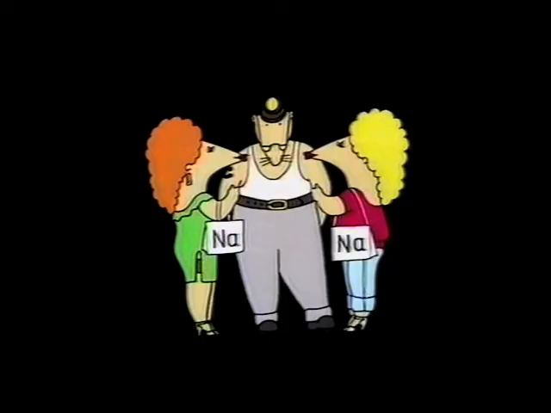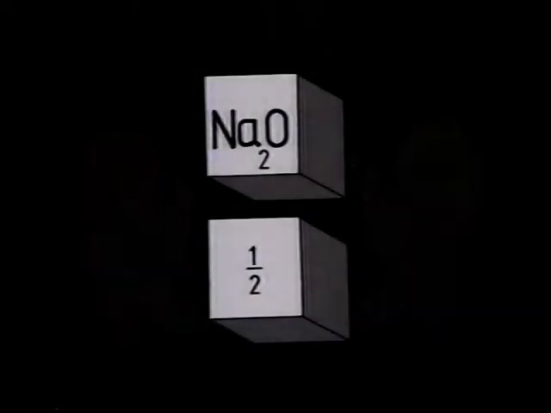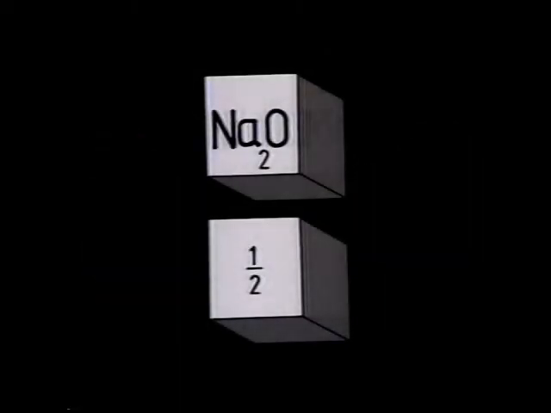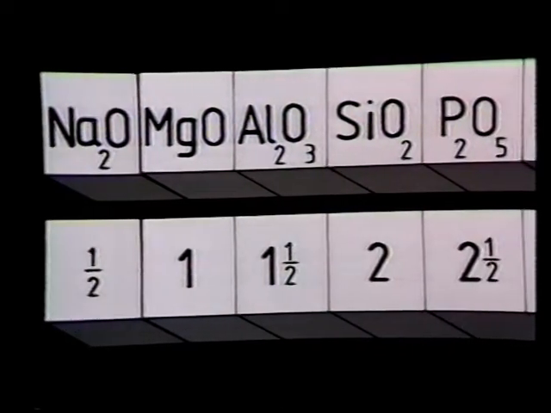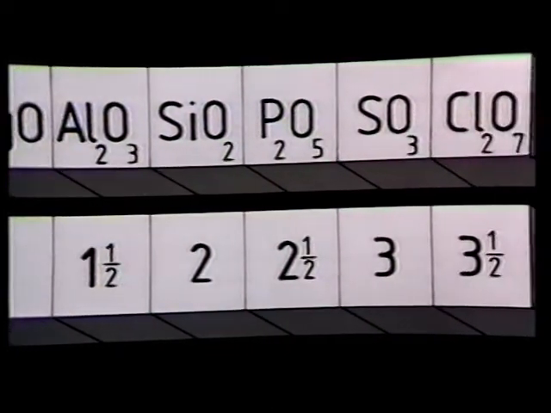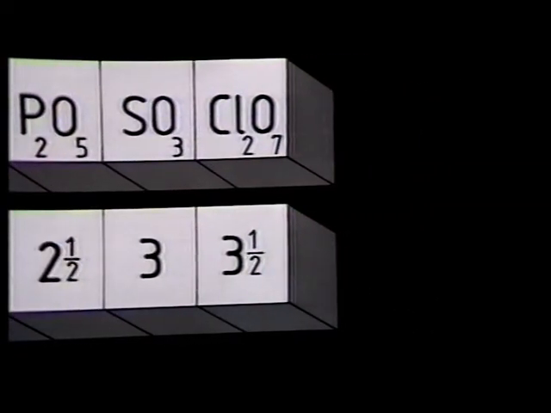So, each mole of sodium atoms is combined with half a mole of oxygen atoms. So our number is 1/2. If we do this calculation for all the oxides, we get a number that increases in steps of 1/2 as we move across the period. This time, the trend is perfect.